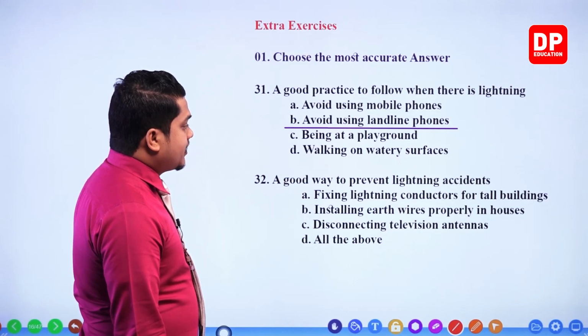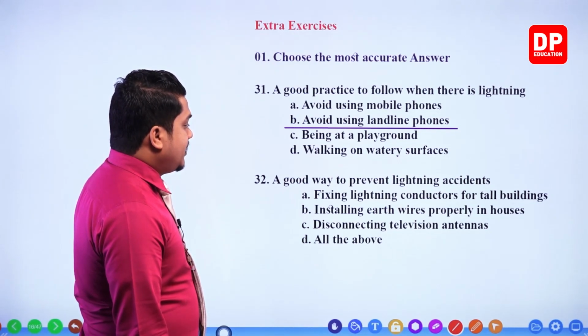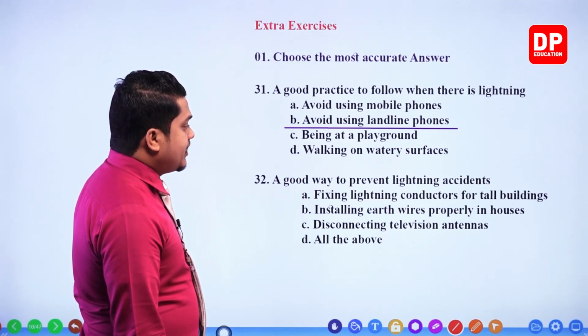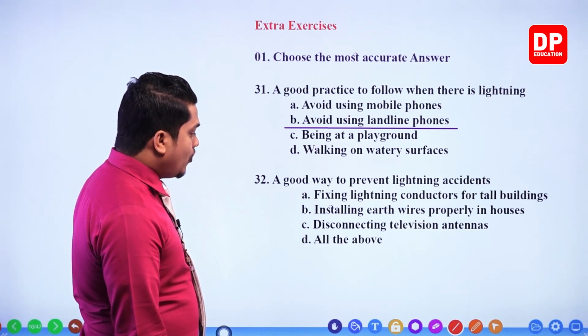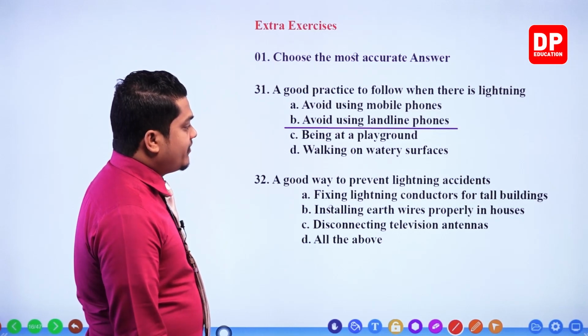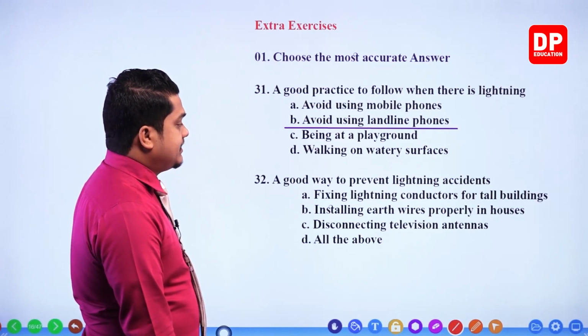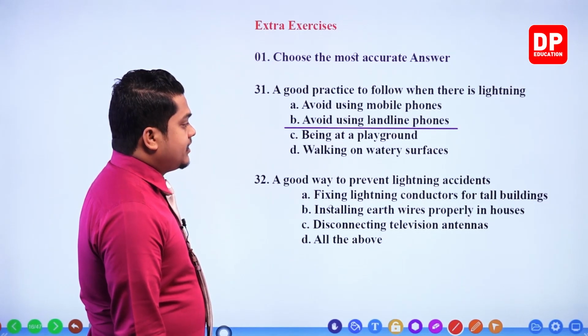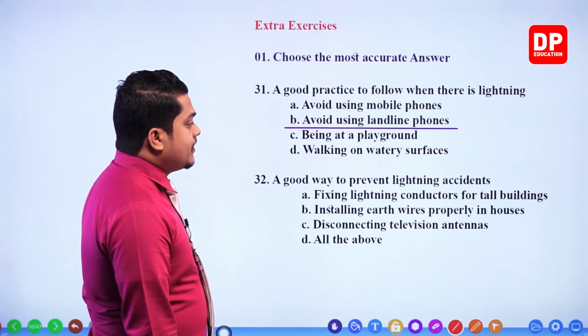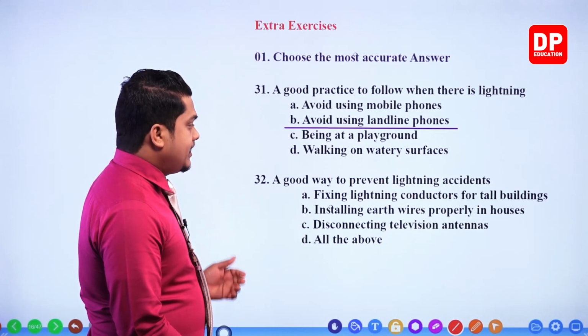Next one. Good way to prevent lightning accidents. Fixing lightning conductors for tall buildings. Installing earth wires properly in houses. Disconnecting television antennas. All the above. So a good way to prevent lightning accidents is all of these three, my dear children. Fixing lightning conductors will definitely secure tall buildings.